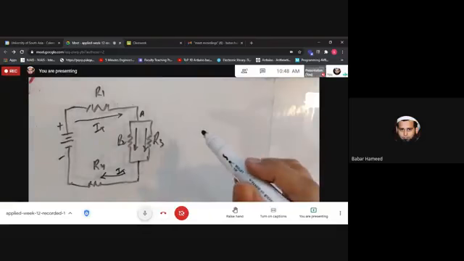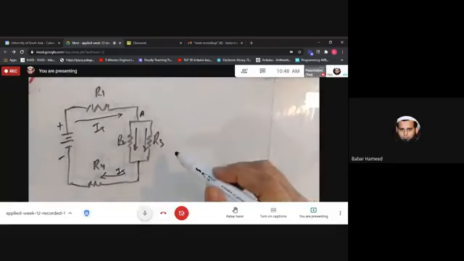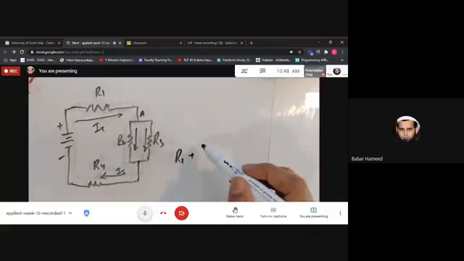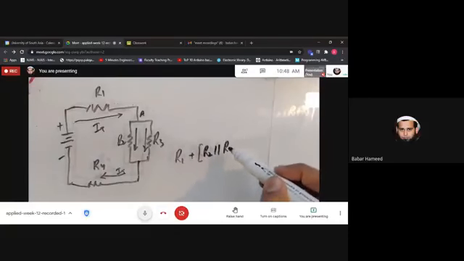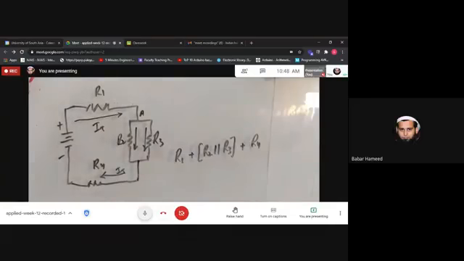So what can I say? It is a series combination of R1 with the parallel combination of R2 and R3, and R4. I repeat, it's a series combination of R1 with R4 and the parallel combination of R2 and R3.